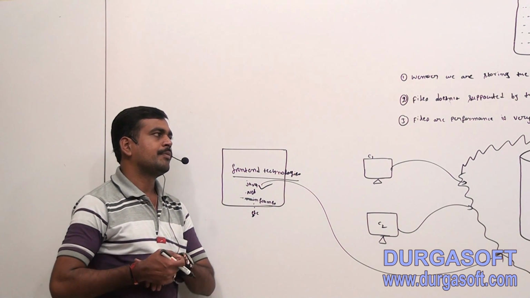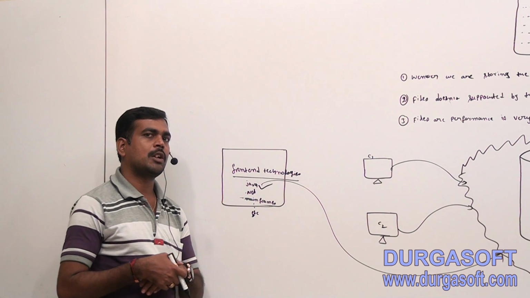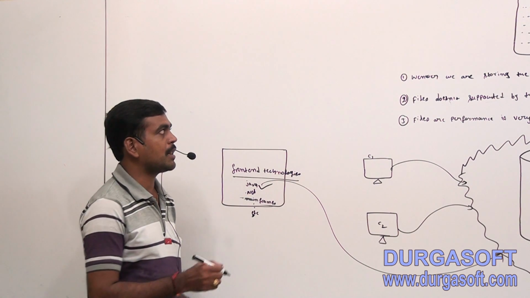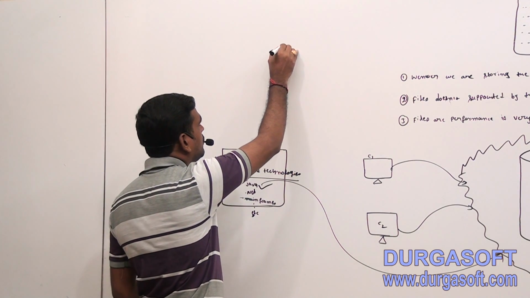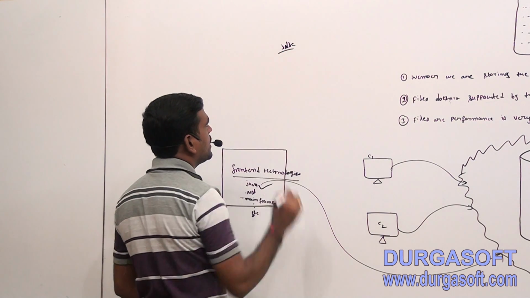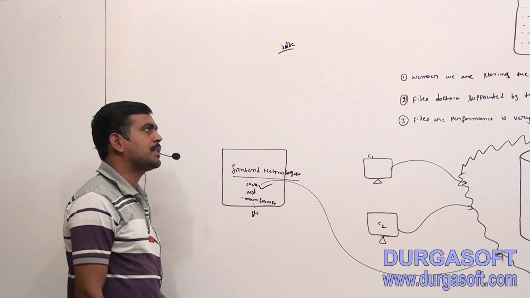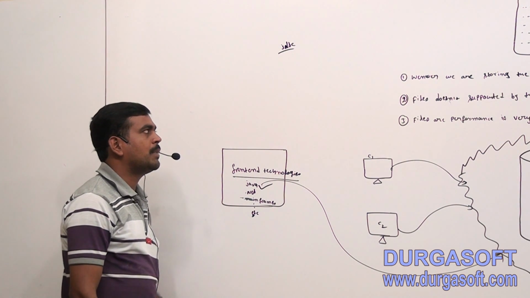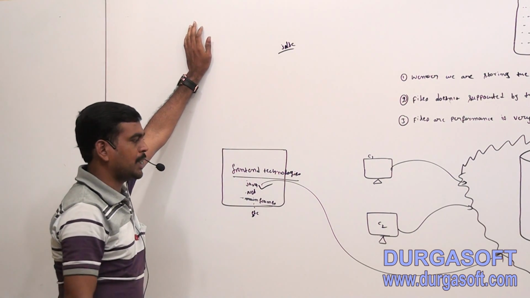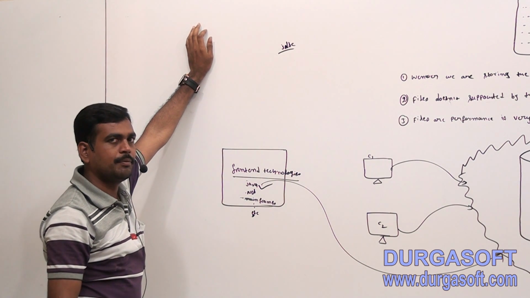Now Java gives one small concept called JDBC, Java Database Connectivity. What is the purpose of JDBC? By using JDBC technology, we can connect to the database. This is Java, and that is the backend, Oracle.